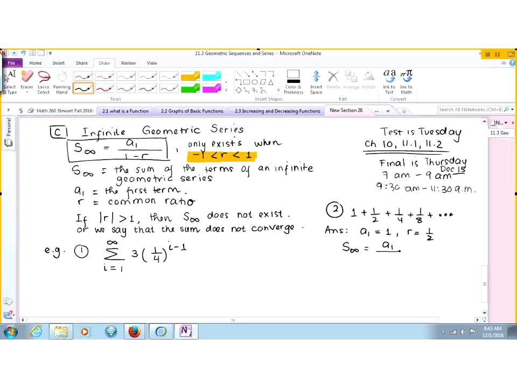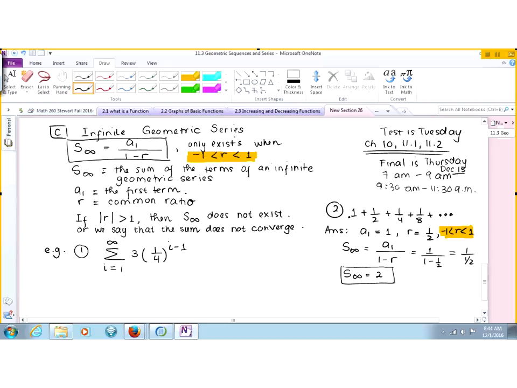So S infinity is equal to A1 divided by 1 minus R. So I have to write down: here R is between -1 and 1. So yes, right? So this is A1, 1 divided by 1 minus half. What is 1 divided by half? 2, yes.